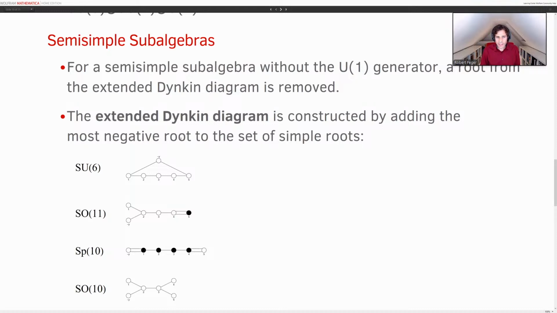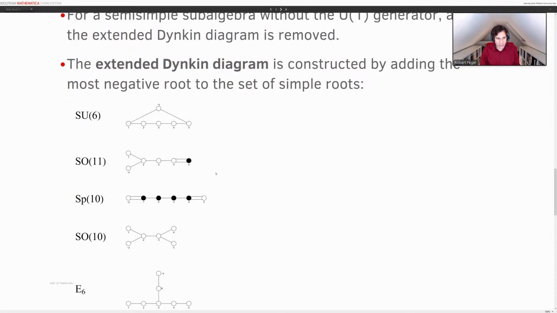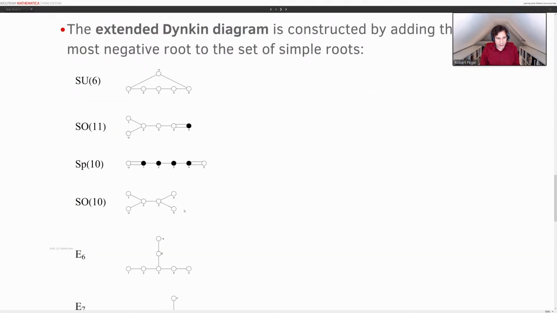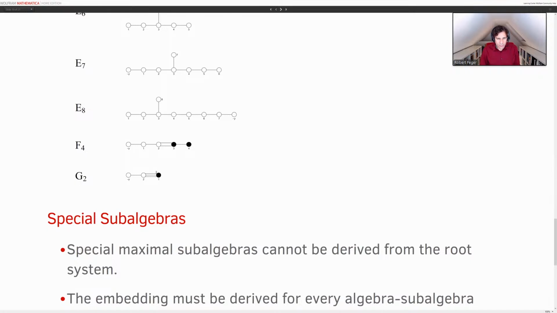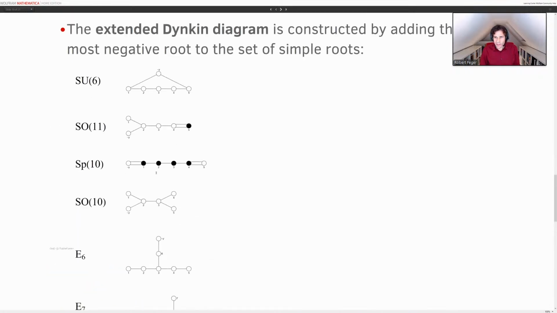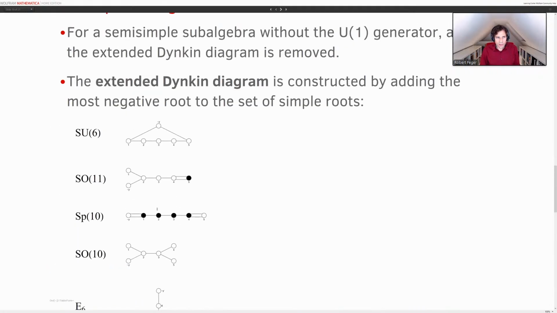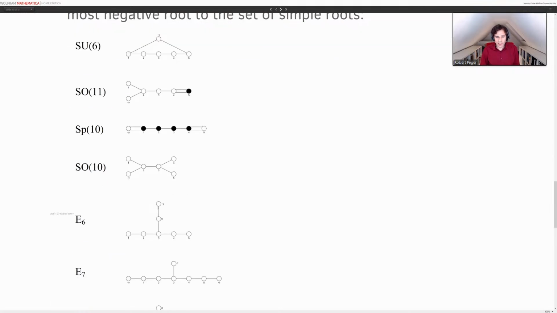Here you add the most negative root to the set of simple roots. For SU6, the Dynkin diagram is just the row below here, and the most negative root is indicated by minus gamma. So this is the extended Dynkin diagram for SU6, and these are the diagrams for all the other algebras. Then it works the same way as I just described for the non-semisimple case.